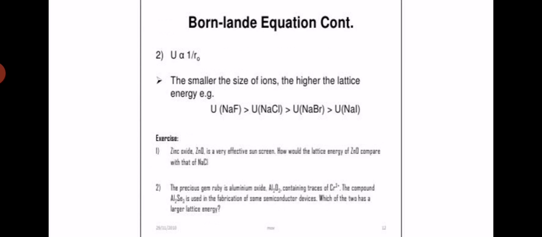When the size of the ions is small, the lattice energy will be higher. Suppose the size of the ions is larger, in that case the lattice energy is lower. Examples: the lattice energy of sodium fluoride is greater than that of sodium chloride, which is greater than that of sodium bromide, which is greater than the lattice energy of sodium iodide.